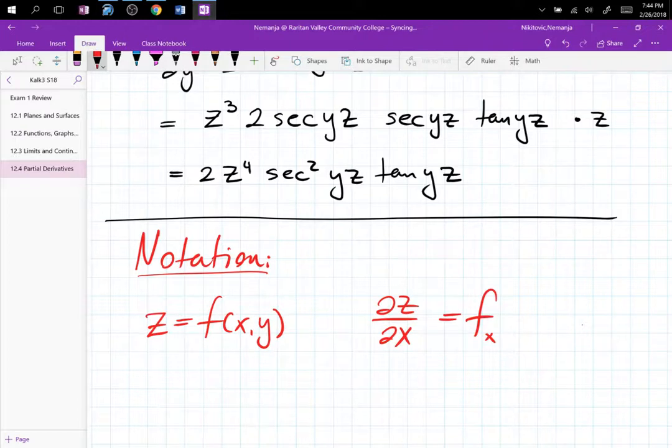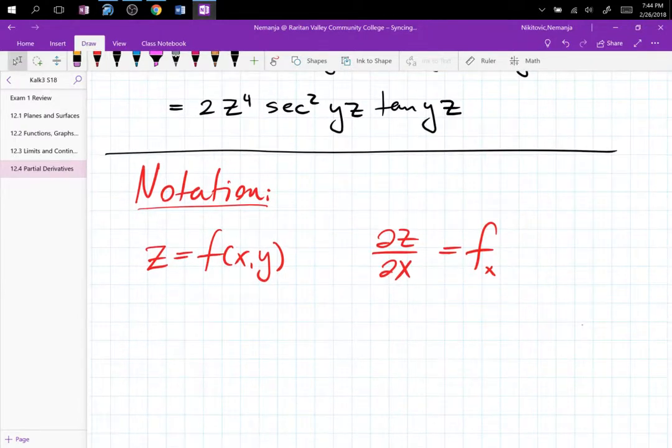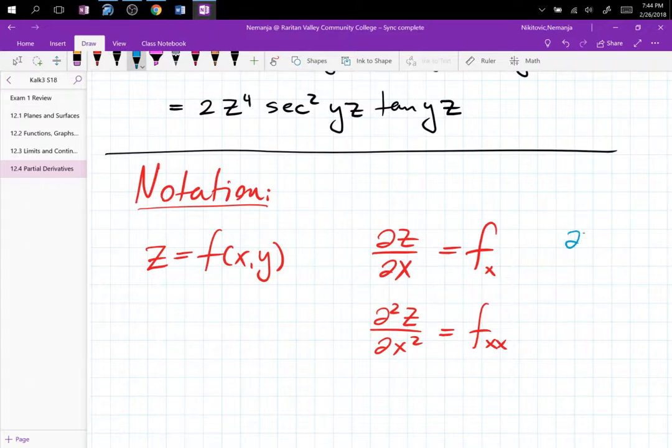So that's the first partial derivative in respect to x. Or second derivative is just simply going to be written as fxx, like this. So that's the second derivative. And then we have the pair for the y derivatives. So partial z partial y is fy, and partial squared z over partial y squared, right? So that's the second derivative, fyy.